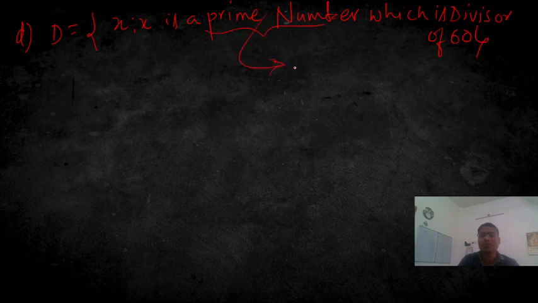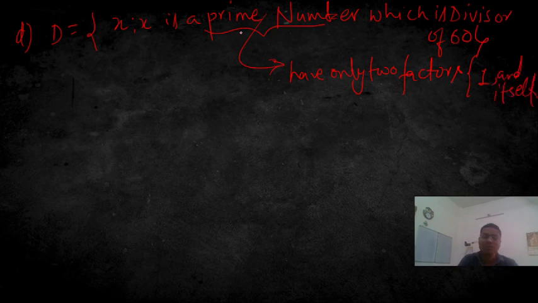Prime numbers are the numbers that have only two factors, and that is 1 and itself.